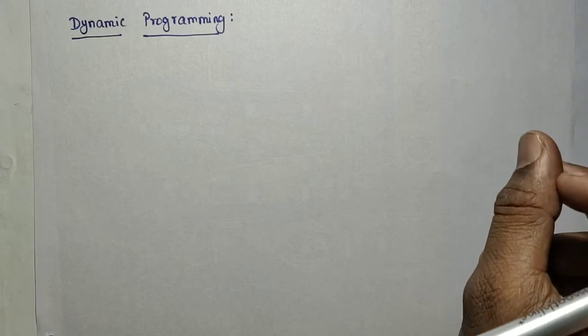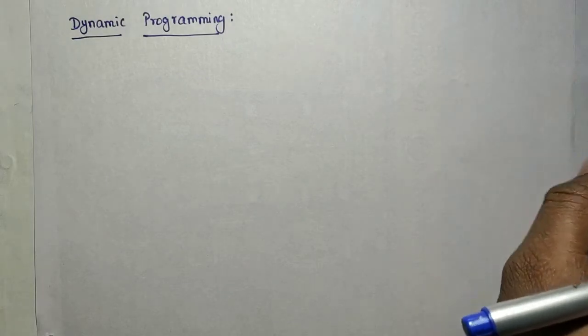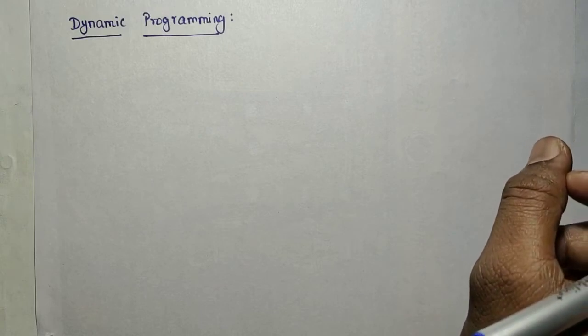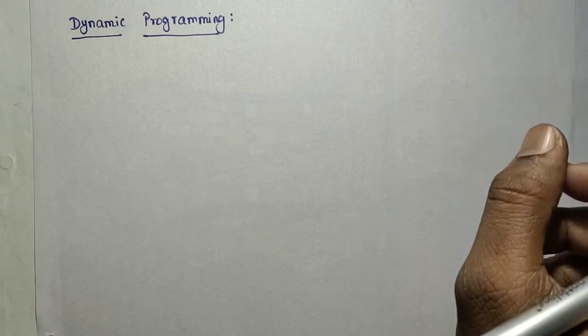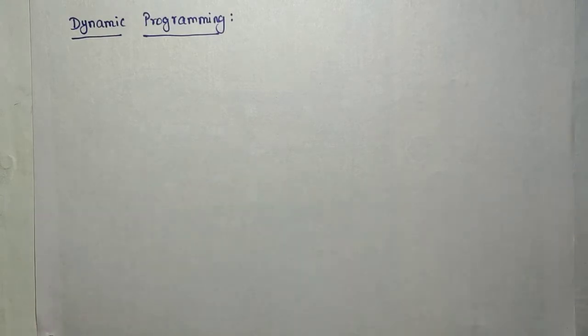The difference is, in divide and conquer the subproblems are independent, whereas in dynamic programming the subproblems depend on each other. That means the solution of one subproblem may be required for the solution of another subproblem. The advantage of dynamic programming over divide and conquer, we'll discuss.